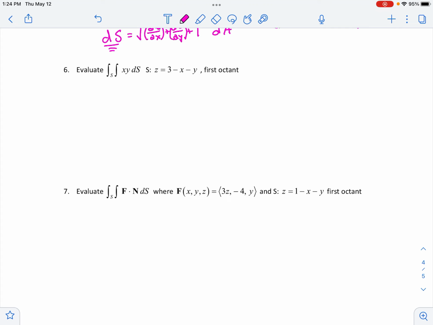So here's what I need to do. Now, I've got this double integral. I've got x, y, and then here, look what I've got: the partial with respect to x squared plus the partial with respect to y squared, and then plus 1. And then dA.